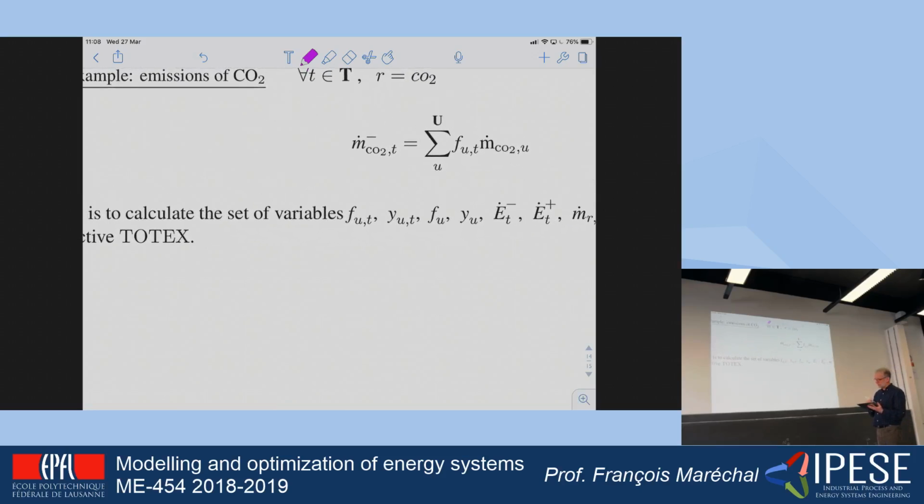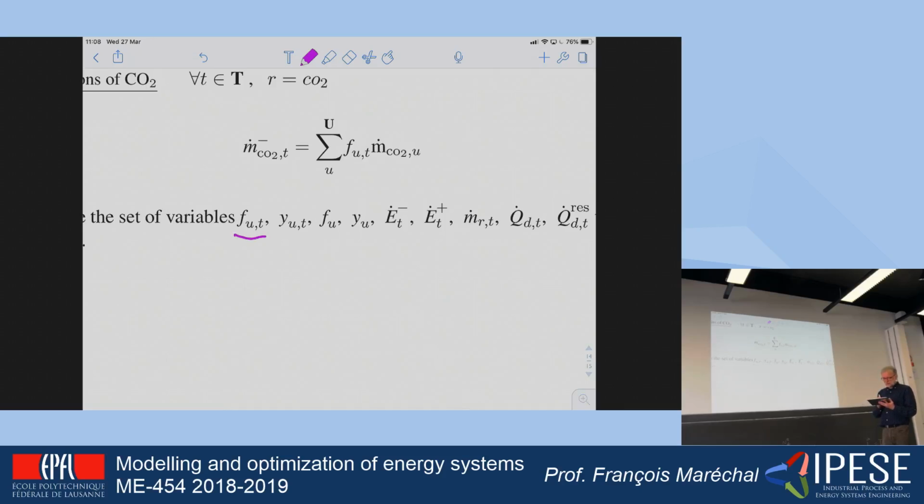I will have to calculate at which level the unit is used at a given time, if it is used or not, if I have to buy the unit, and if I do the investment, then what is the corresponding size.